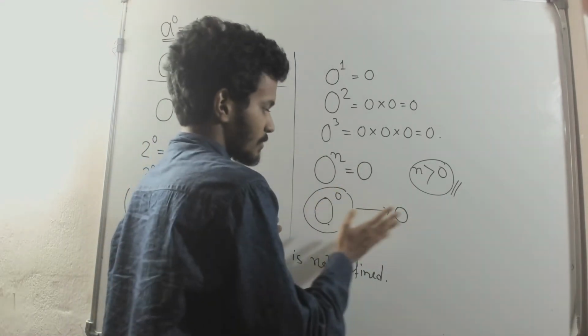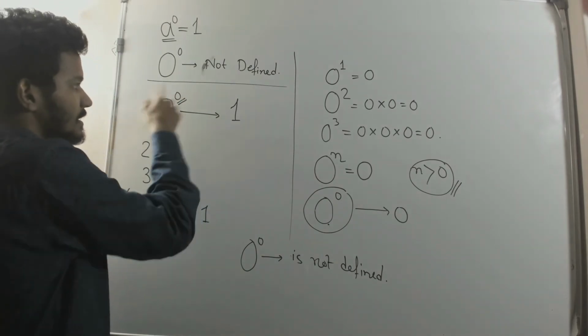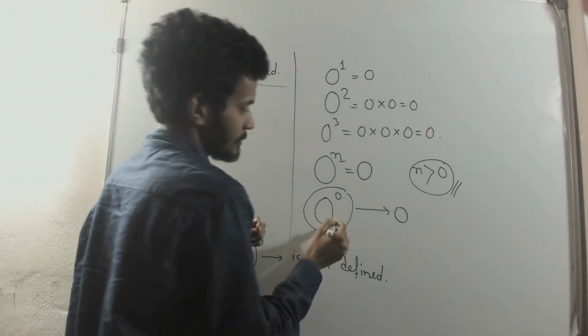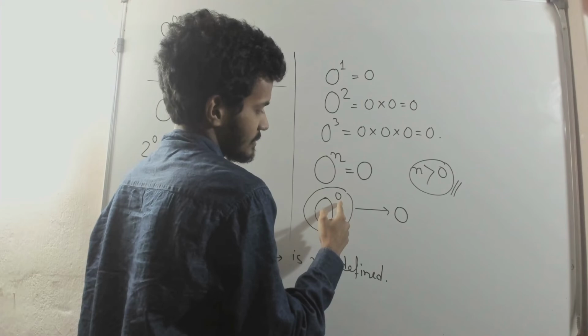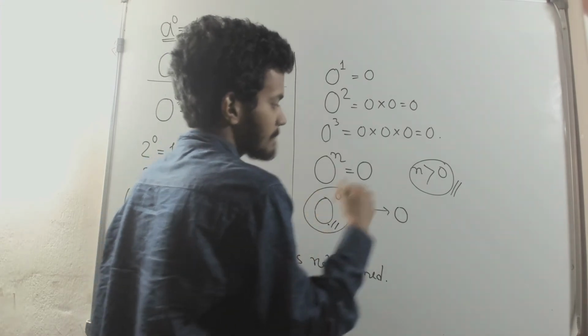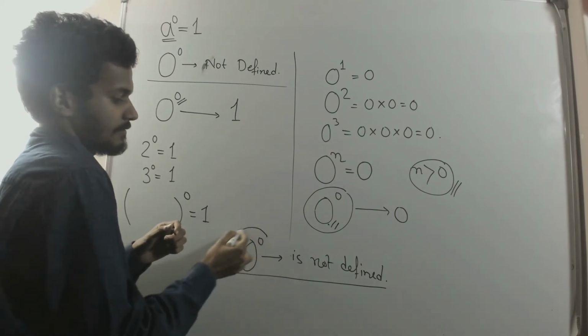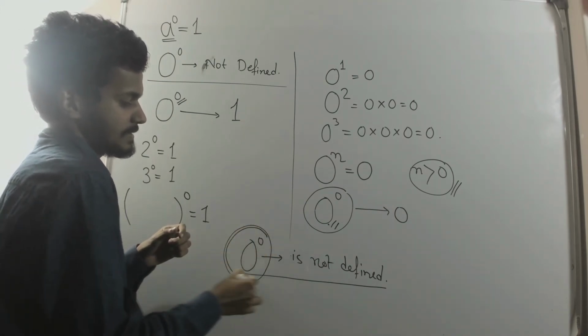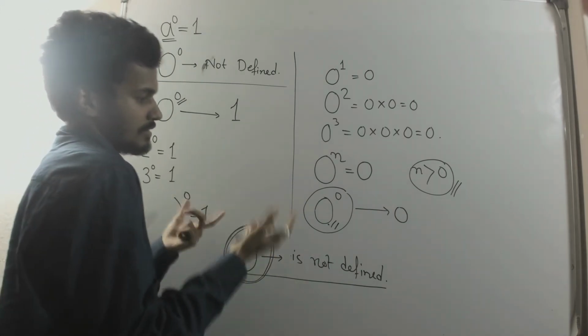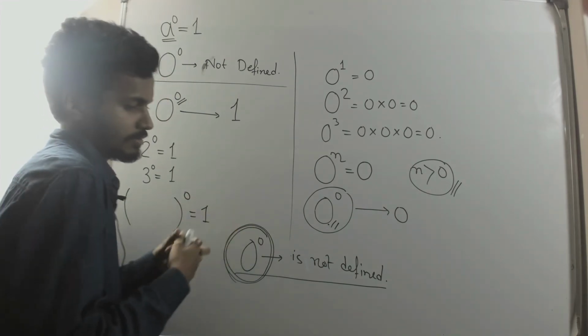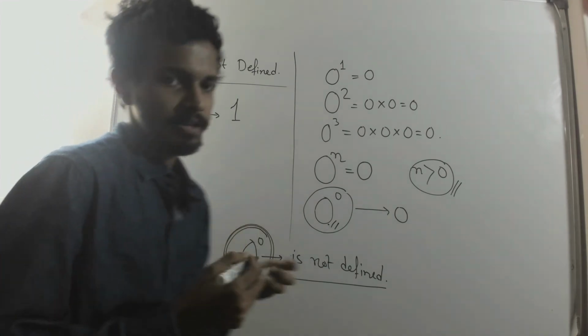The value is becoming two different values. That's why it is not defined.